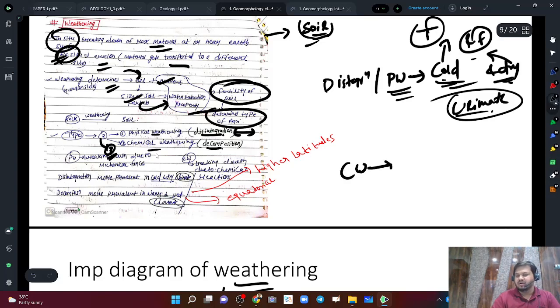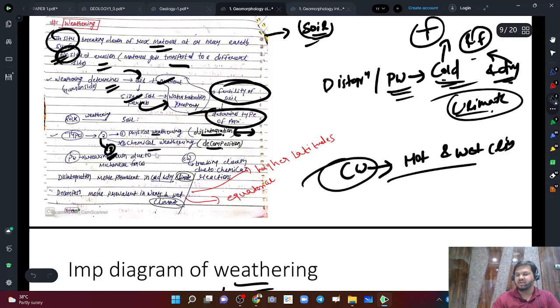And chemical weathering dominates where there is water and there is heat, right? Because water and temperature are basically catalysts in chemical reactions. So whenever you get hot and wet climate, chemical weathering will dominate, right?